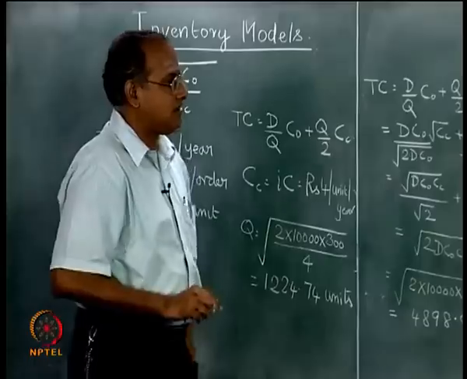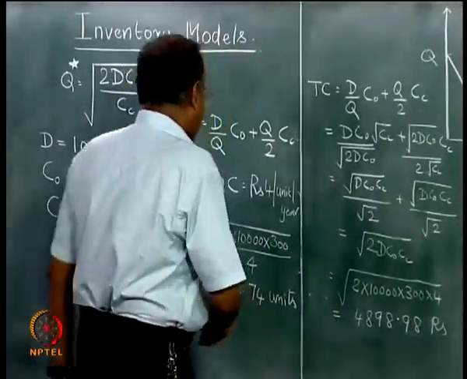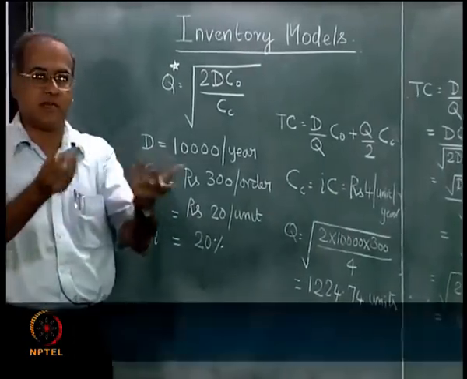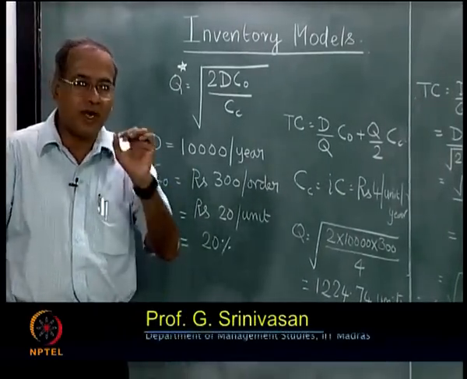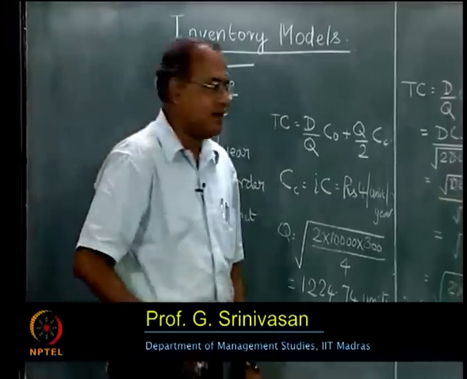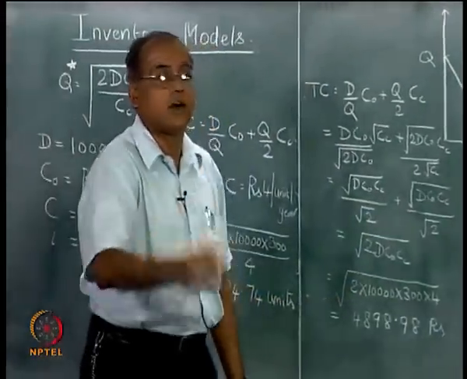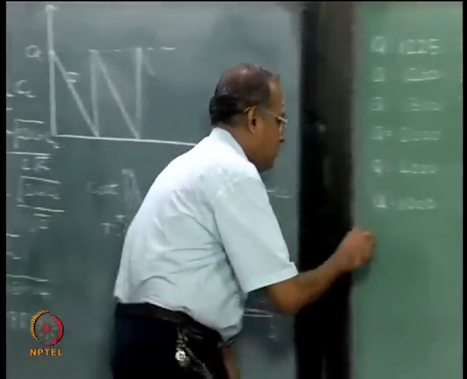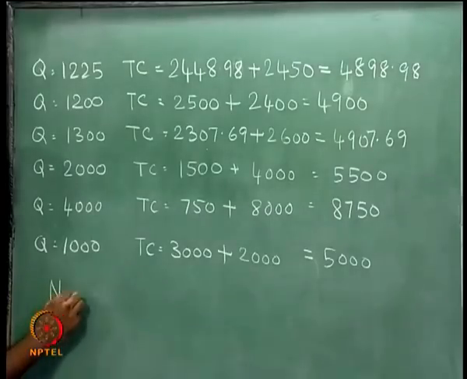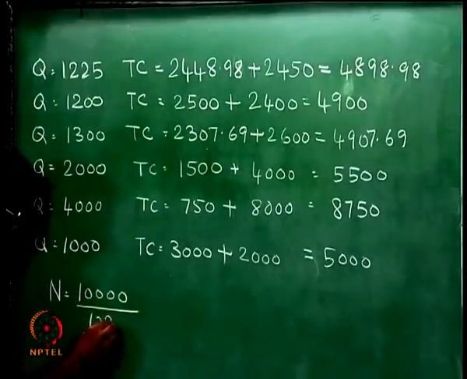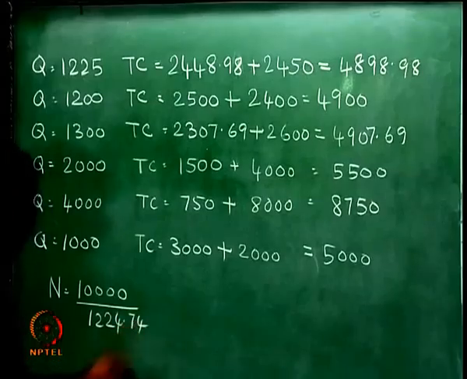Next thing that we need to look at is, if we are ordering 1224.74 units every time we place an order, in 1 year the number of orders n is equal to 10,000 divided by 1224.74.